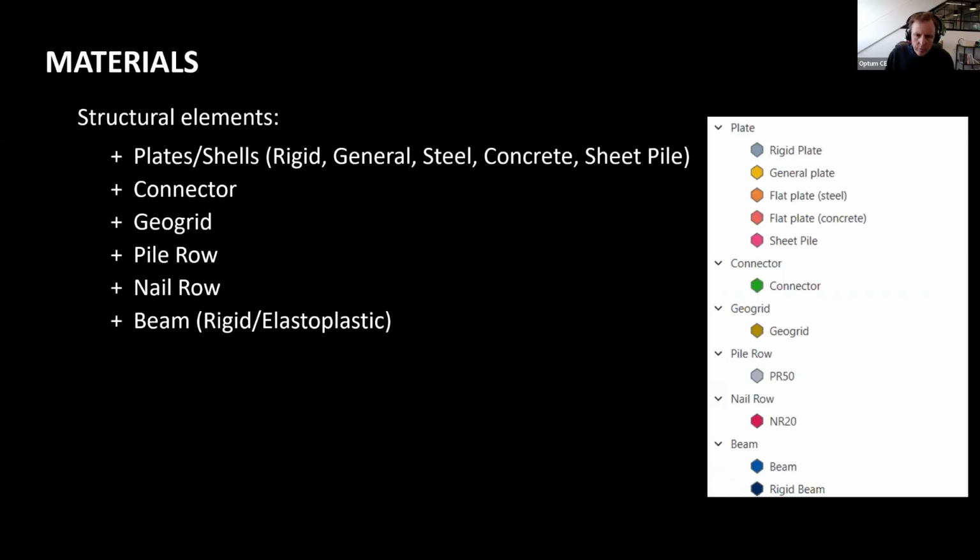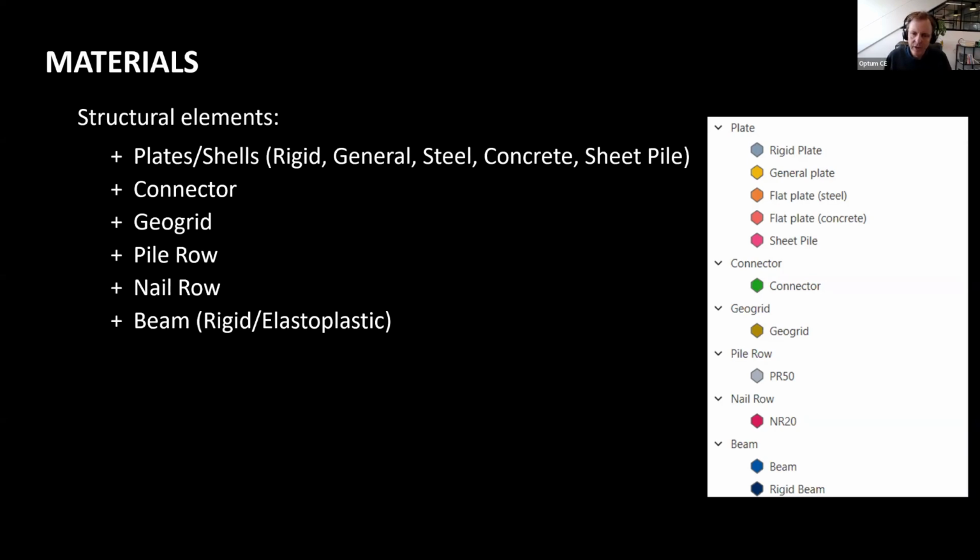Structural elements, of course, as well. Again, the same as in G2, and then extended to 3D. And that's not necessarily always completely trivial. You can think of a sheet pile wall. In 2D, it's modeled as a kind of beam element. In 3D, it's not just a flat plate element.